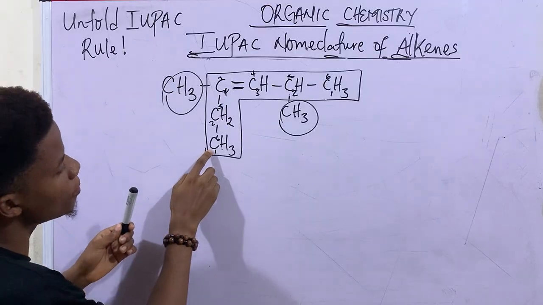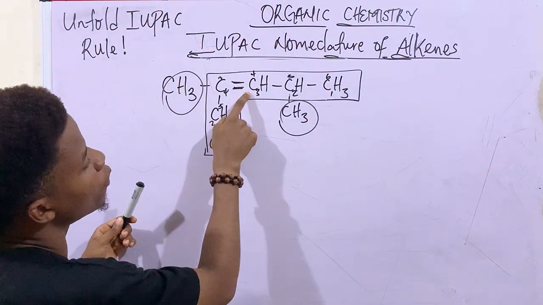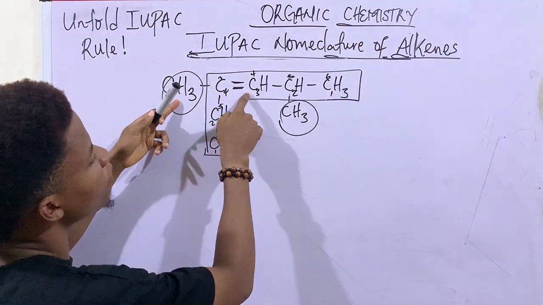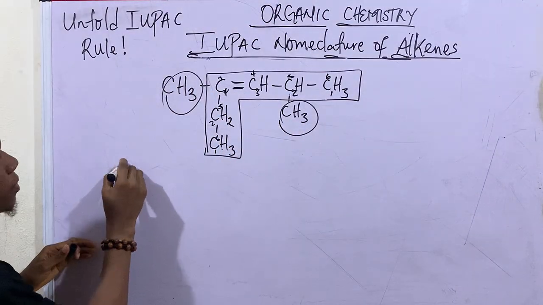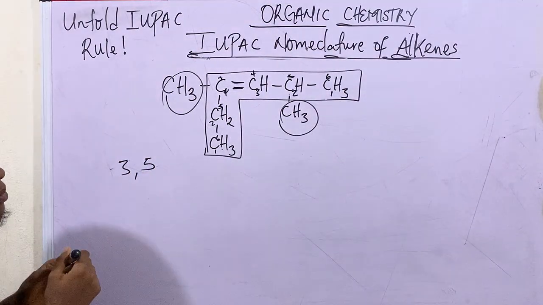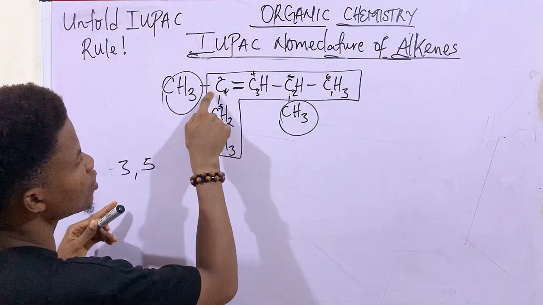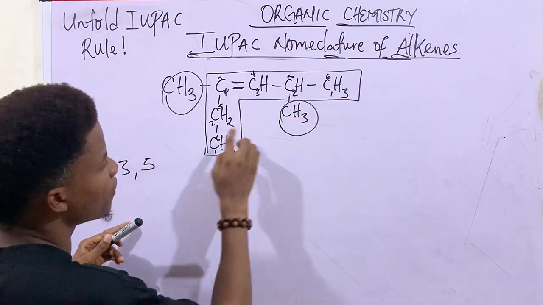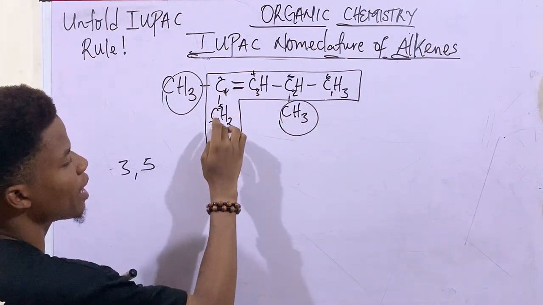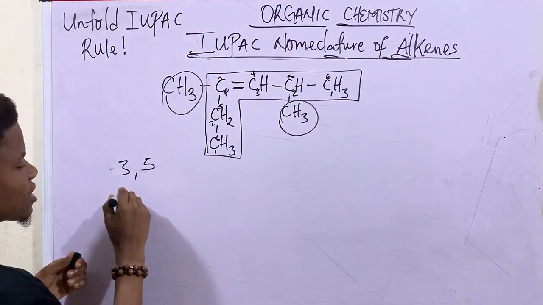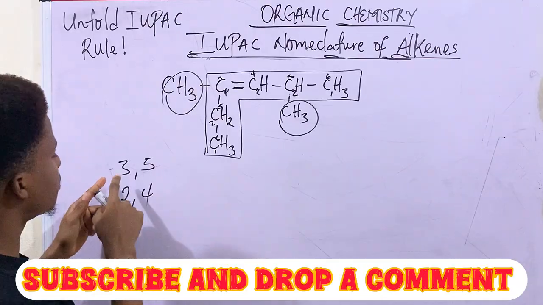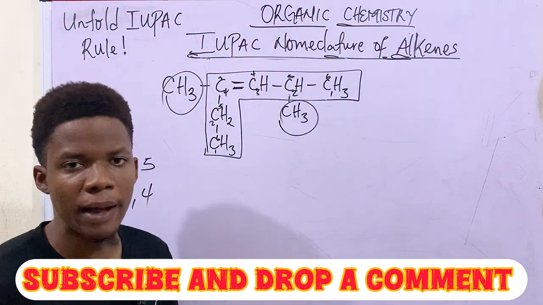If you go with this number, starting your 1 from here, you discover that your substituent will be on carbon 3 and carbon 5. So you have a substituent at carbon 3 and at carbon 5. But if you are coming from the other pattern, 1, 2, 3, 4, 5, 6, you have a substituent at carbon 2 and at carbon 4. So 3, 5 versus 2, 4. Which one is smaller? It's 2 and 4.